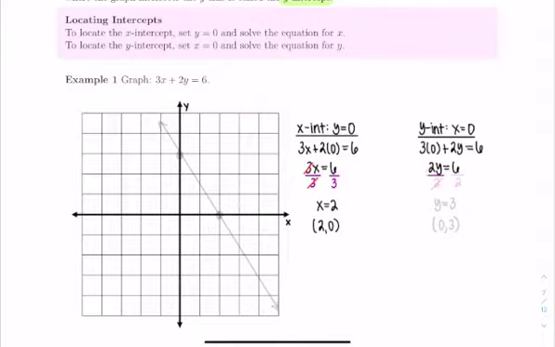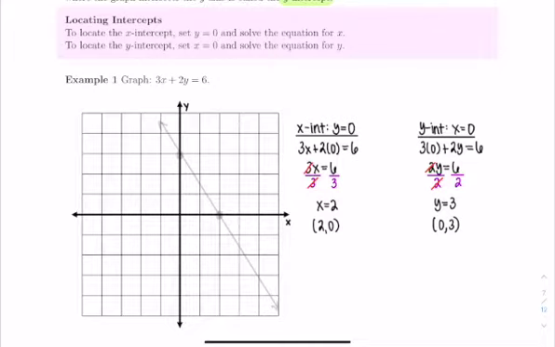To undo our multiplication, we're going to divide both sides by 2. It cancels on the left, and we get that y is equal to 3. Again, we know the coordinate here because we let our x-coordinate be 0, and we figured out y was 3.